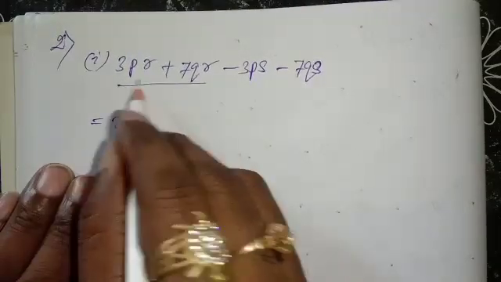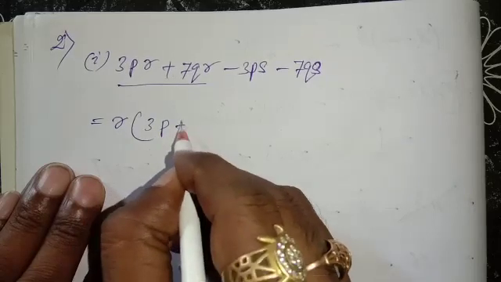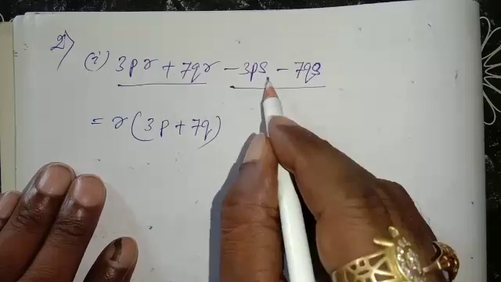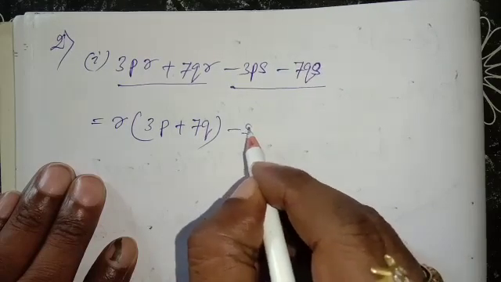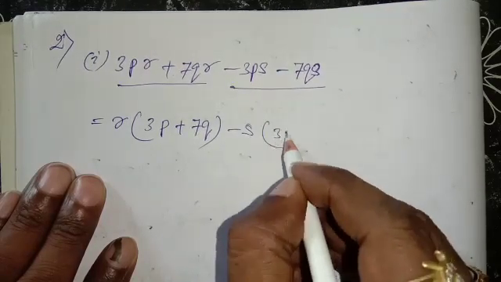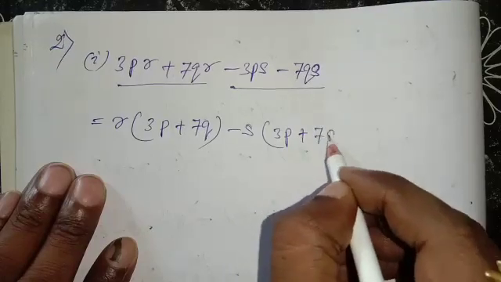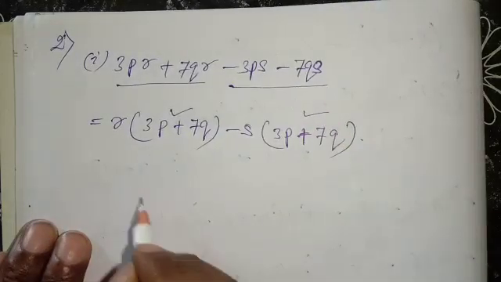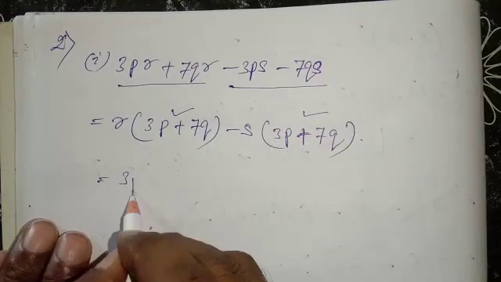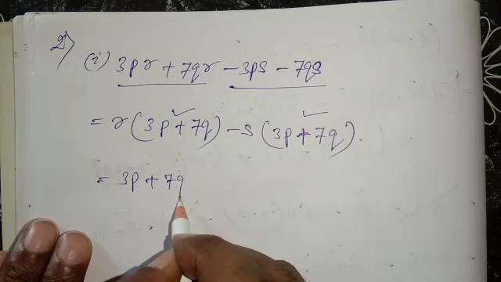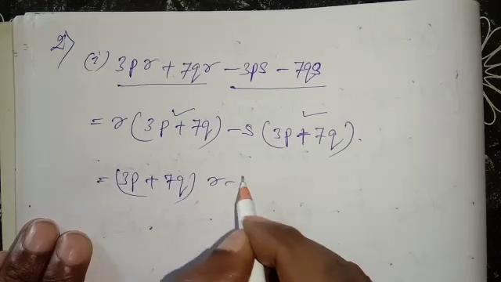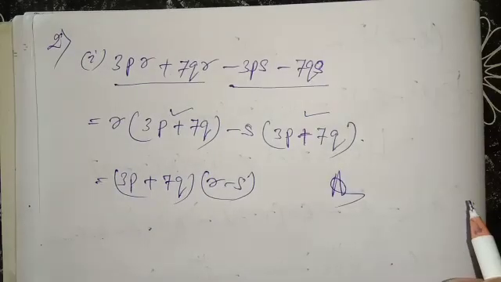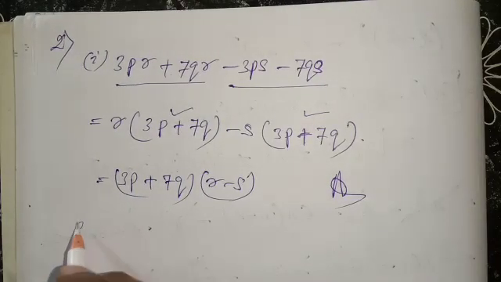Left 3p plus 7q. From the last 2 you have to take common minus s. What is left? 3p plus 7q. 3p plus 7q, take it outside. 3p plus 7q and r minus s. This is the answer of number 2, first part.